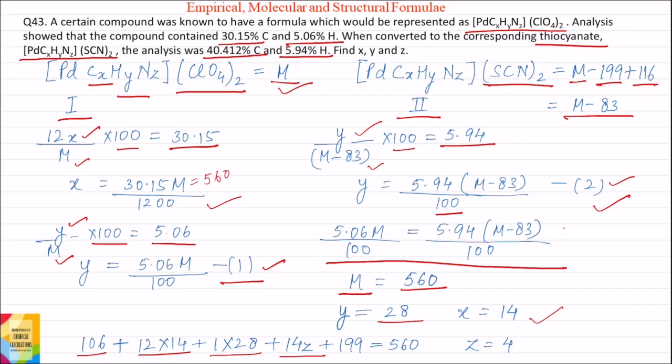Z is the number of nitrogen atoms, plus 199. 199 is the weight of ClO4 whole twice, and this is equal to 560. Solving this, the value of z is equals to 4.